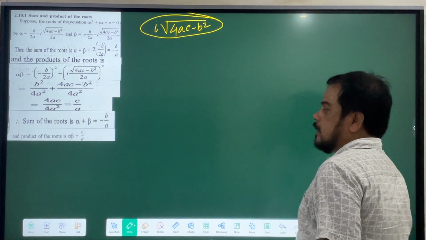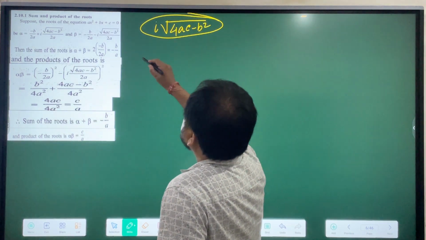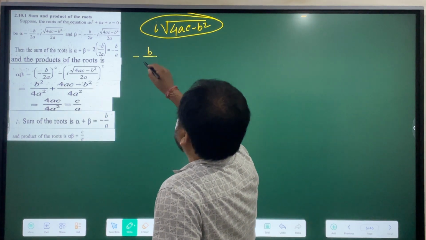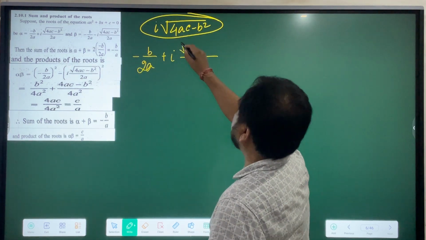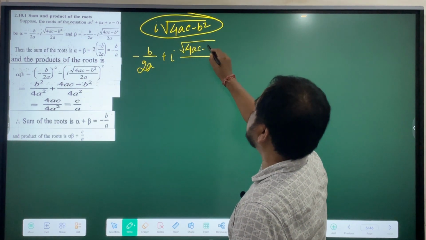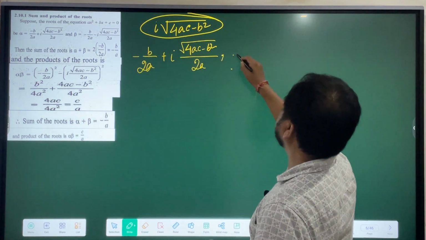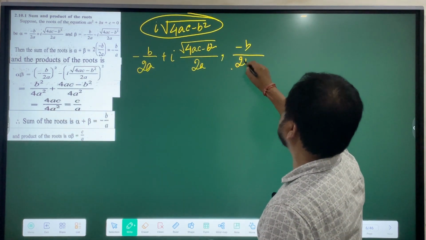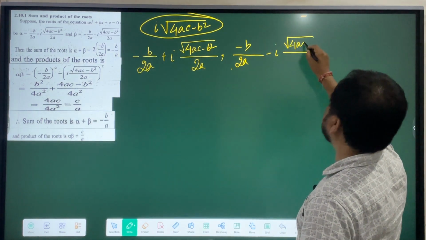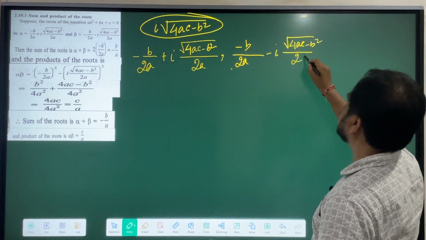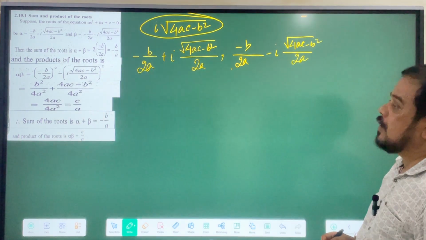Okay. Now, what are the two roots? Now we will add minus b by 2a, already we have written. Let us write again: plus i square root of 4ac minus b square by 2a. Another one: minus b by 2a minus i square root of 4ac minus b square by 2a. These are the two roots for the imaginary case.